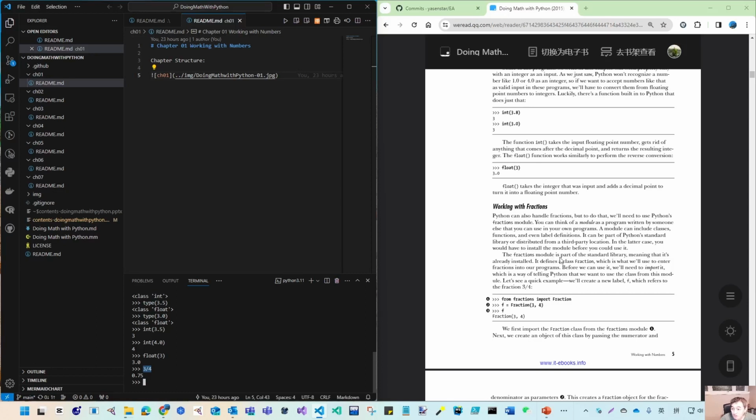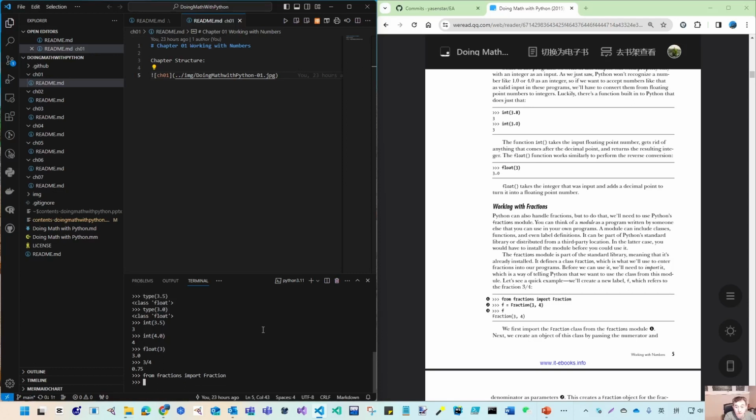The fraction module is part of the standard library, meaning it's already installed. So we don't need to install any other modules, but you need to load it. We use from fractions import, starting with capital F, Fraction. Once you import that, you can use the Fraction.